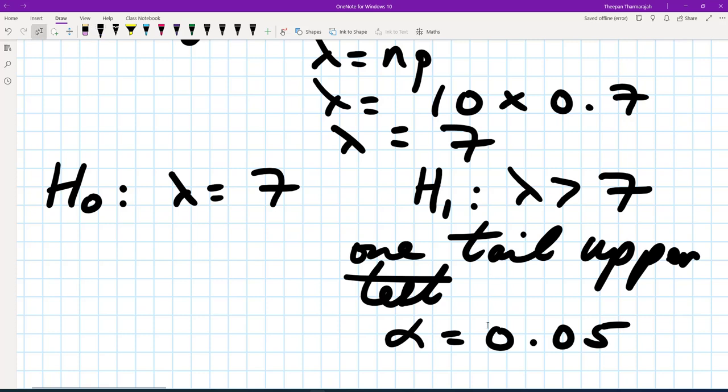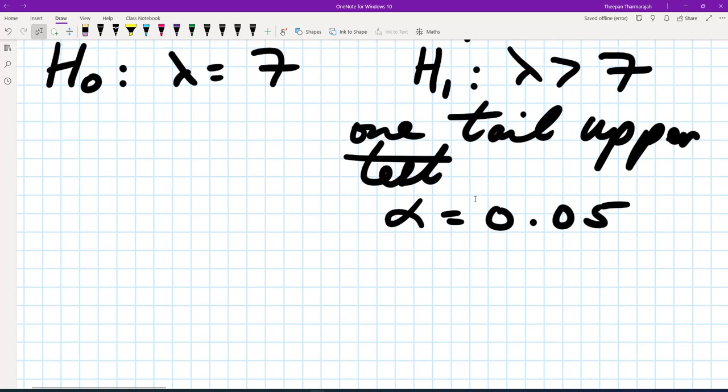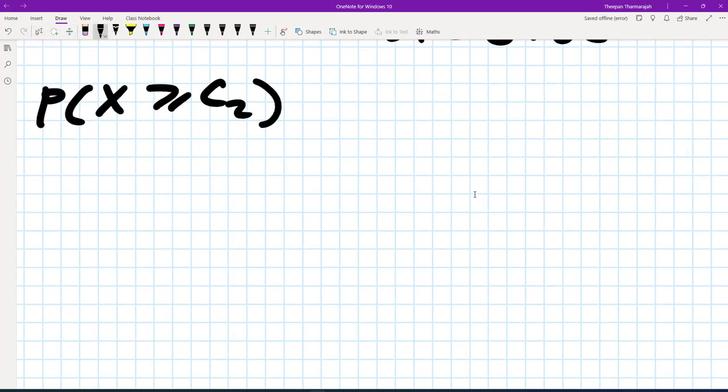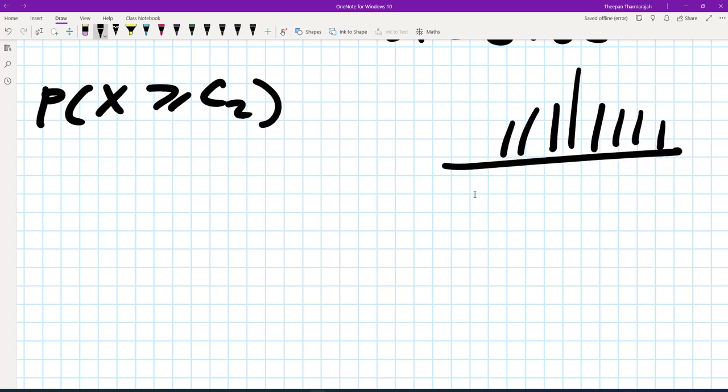So now, because we want an increase, don't forget it's the upper tail. We draw the upper tail here, and shade that in.